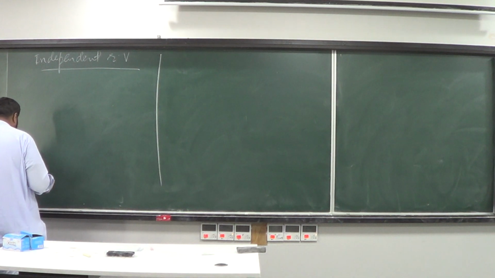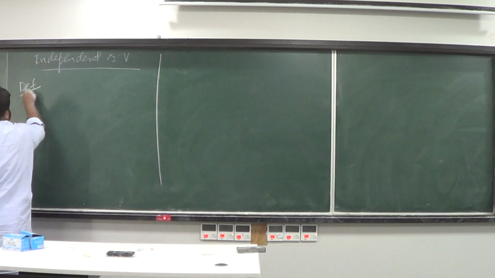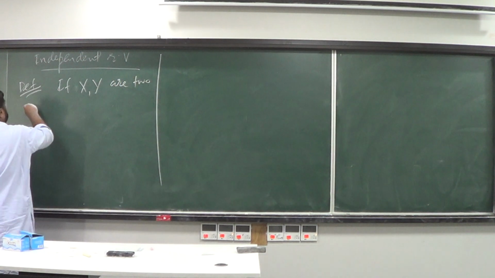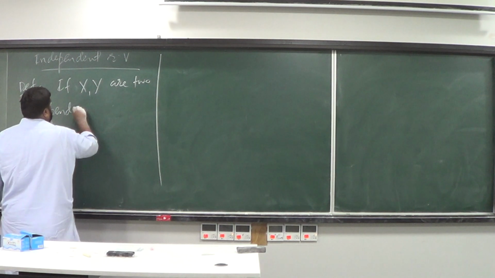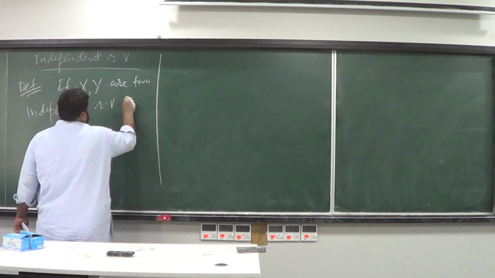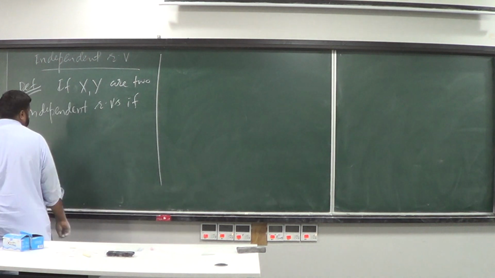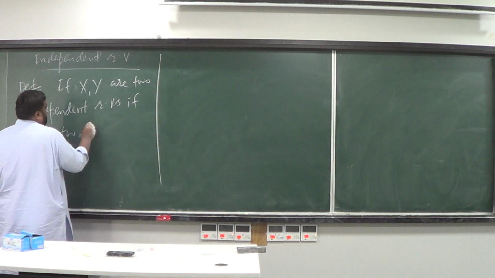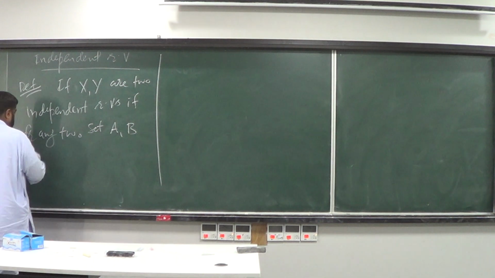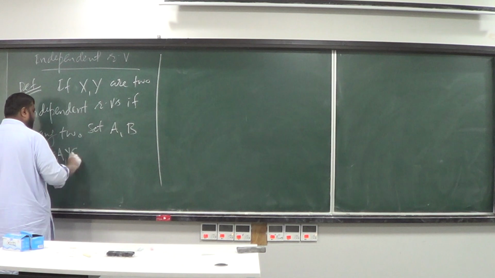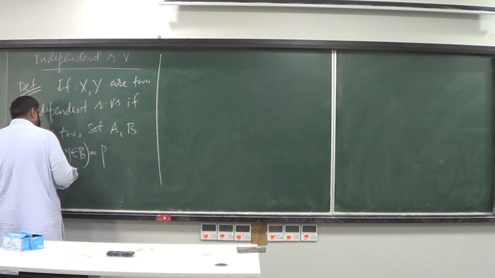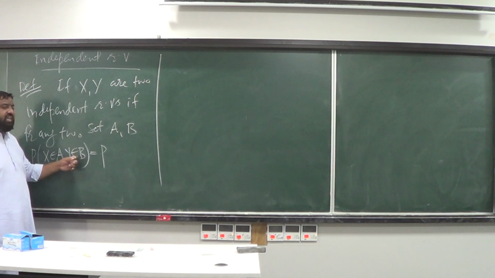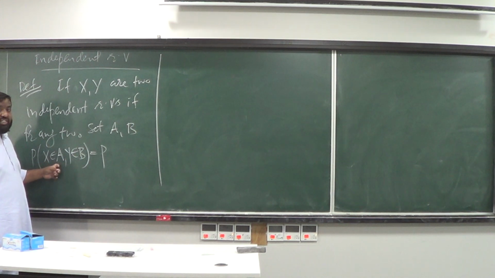Okay. So here's a definition. So I'm going to say that x and y are two independent random variables if, for any two sets A and B, the probability that x would be in set A and y would be in set B is equal to the probability that x is in A times the probability that y is in B. So that the probability of the intersection should be equal to the product of the probabilities.